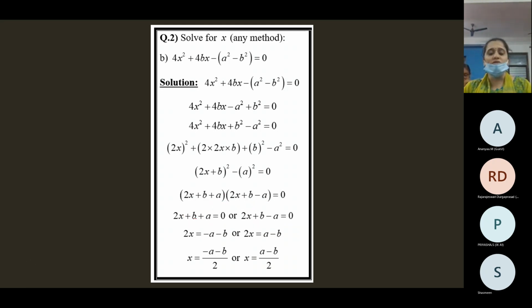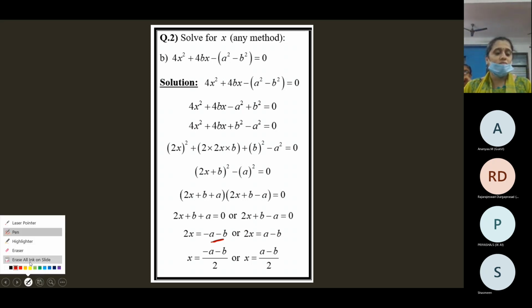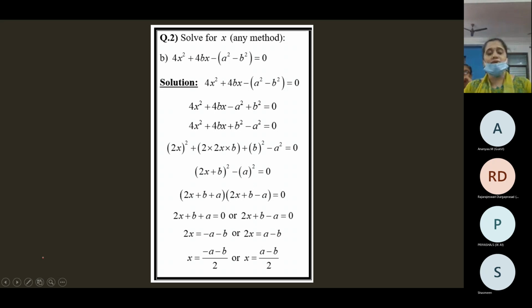You're not solving for a or b, you're solving for x. So 2x is equal to minus a minus b, x is equal to minus a minus b by 2. On the other side, x is equal to a minus b by 2. So these are the two values of x.